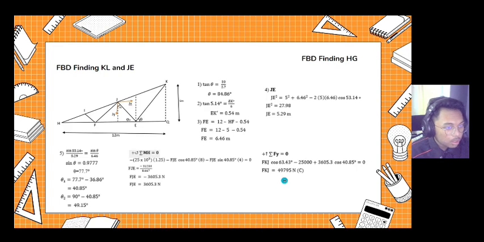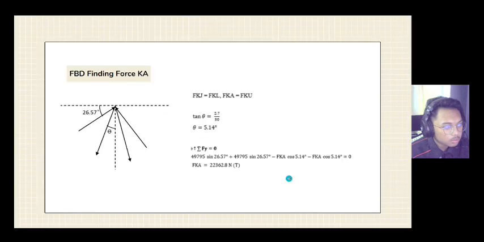So we assume that force FKJ is 49,795 Newton. So next we want to know about force KA.